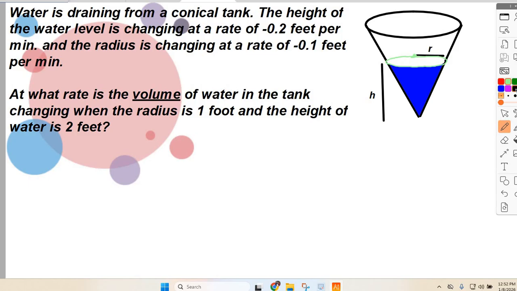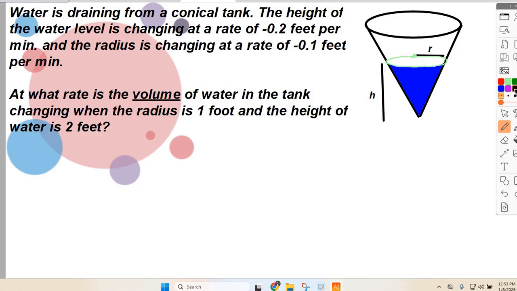So how might I represent the rate the water is changing? So again, for us, what is a rate? A derivative. So I'm talking about the derivative of the height with respect to what?